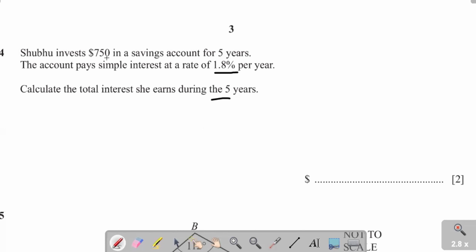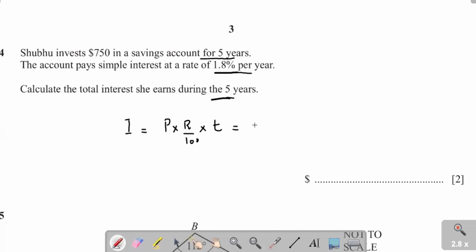Question 4. Shobho invests $750 in a savings account for 5 years. The account pays simple interest at a rate of 1.8% per year. Calculate the interest she earned during the 5 years. The formula of the interest here is I equals the principal P multiplied by the rate divided by 100 multiplied by the time.